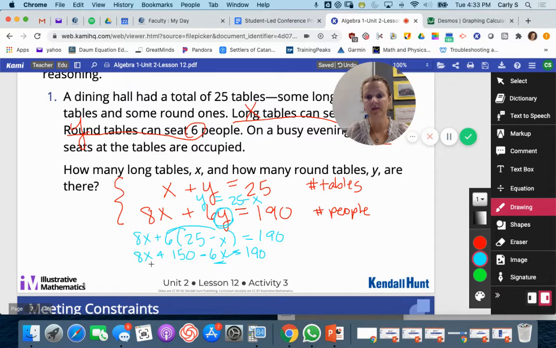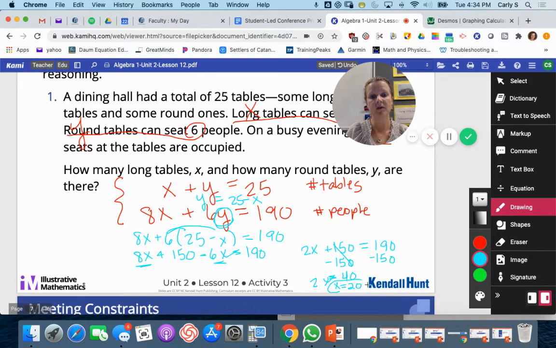Collect like terms. I have 8x minus 6x, that is 2x, plus 150 equals 190. Subtract 150 from both sides. I'm left with 2x equals 40. Yep, and divide both sides by 2. X equals 20.